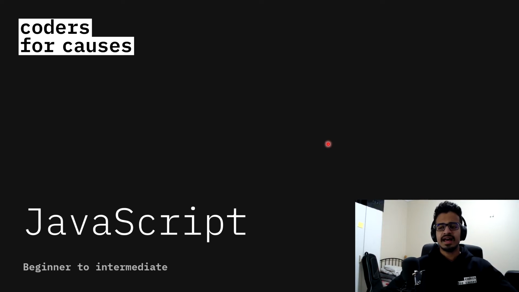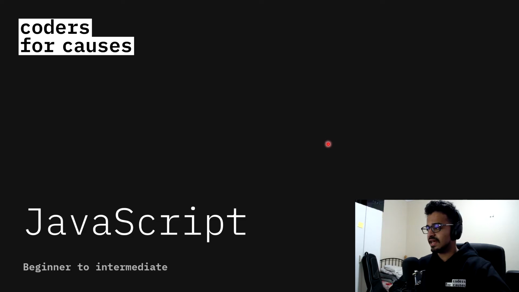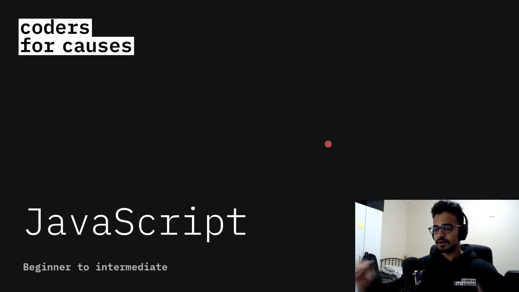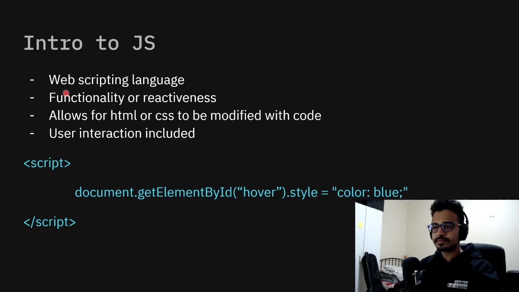You can have a button that sends a request to a website, and have that website send you back a link. That's foreshadowing what we're about to be doing soon. So JS is a web scripting language. It is used for functionality or reactiveness of the page.